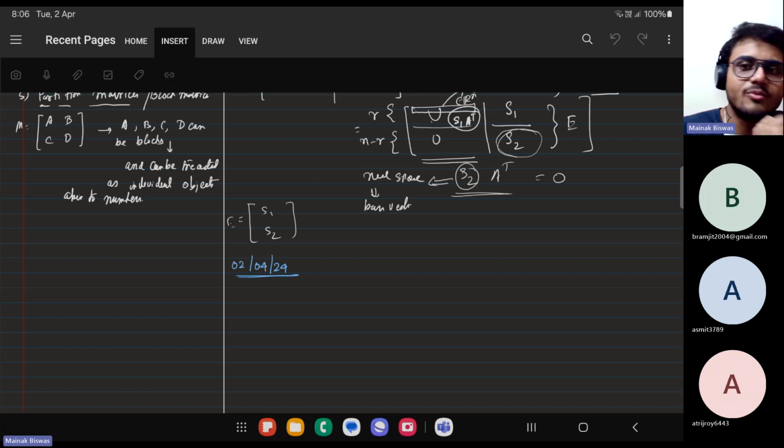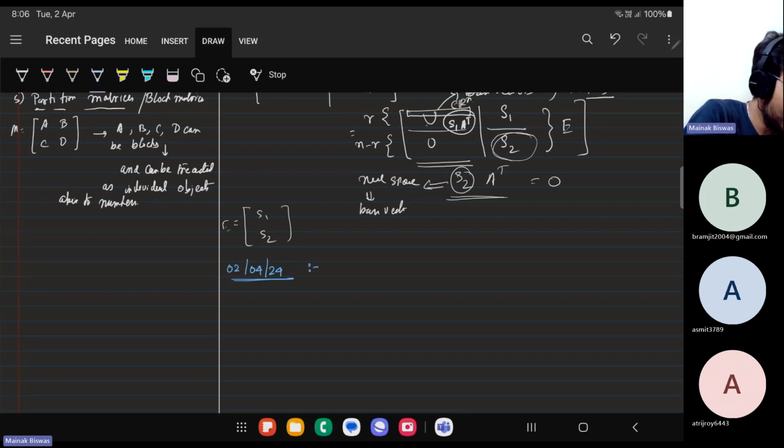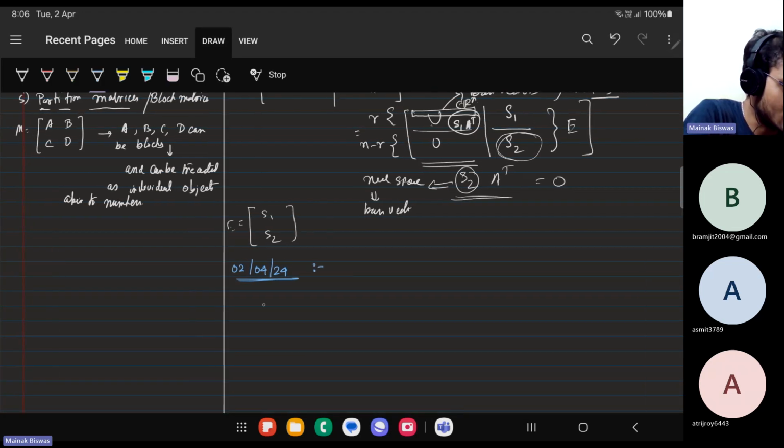Last time we had discussed how to find the column space and a null space by reducing it to a row reduced echelon form and then taking the independent and the dependent vectors. But we can also do something like this. Last time we discussed this after we had stopped the class, but just for a couple of minutes.